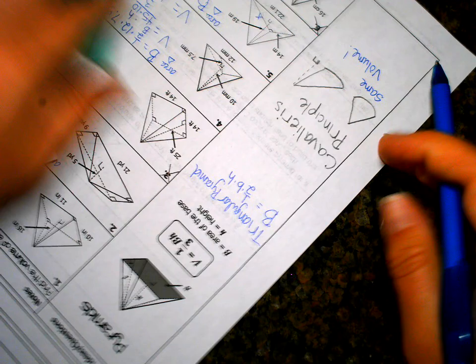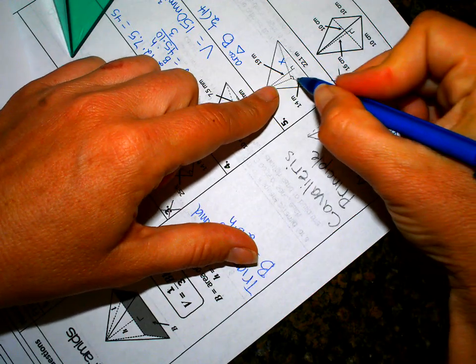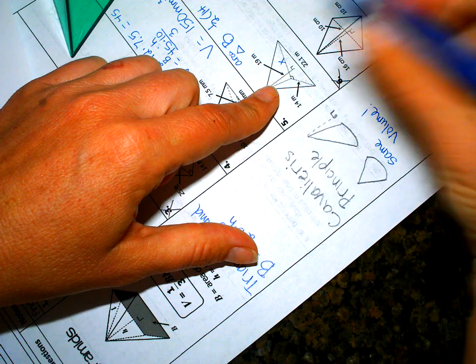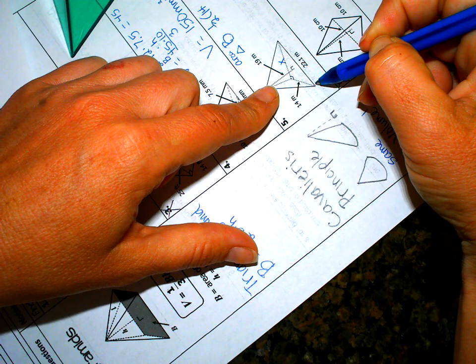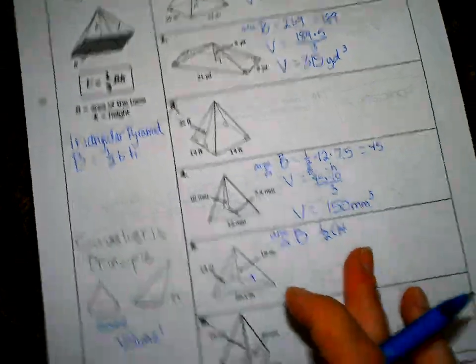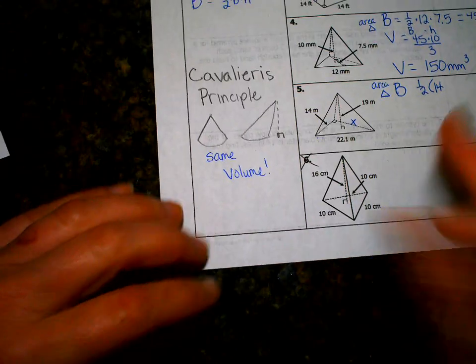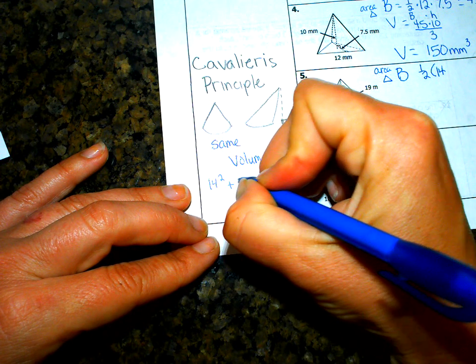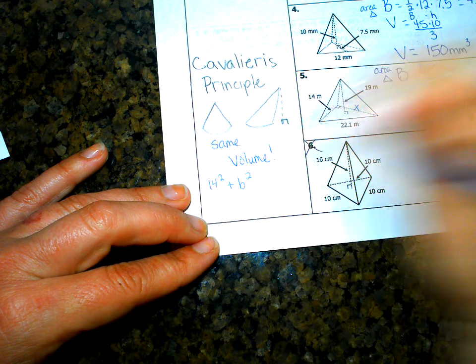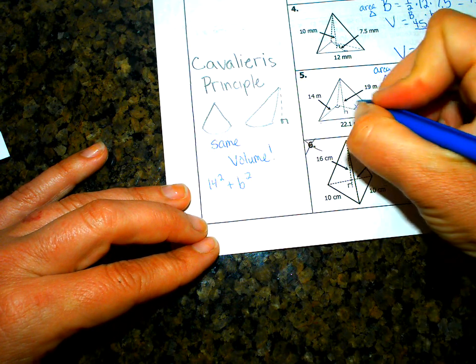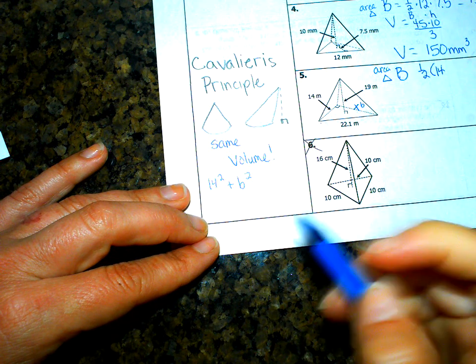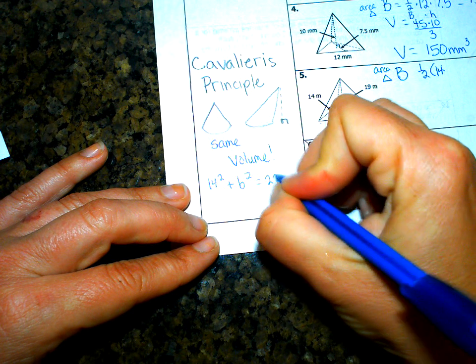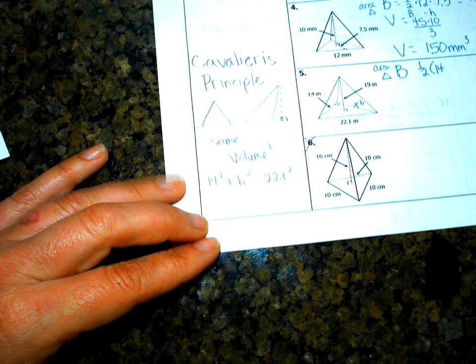Here, does this help? A squared plus B squared equals C squared. So here we go. A squared, 14 squared, plus B squared, that's my X, right? I could put B, that might be easier for you, equals 22.1 squared.